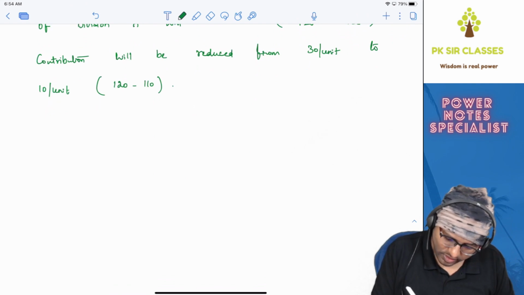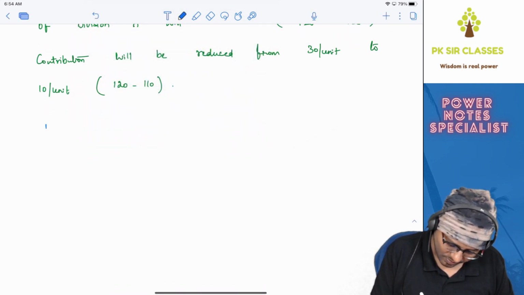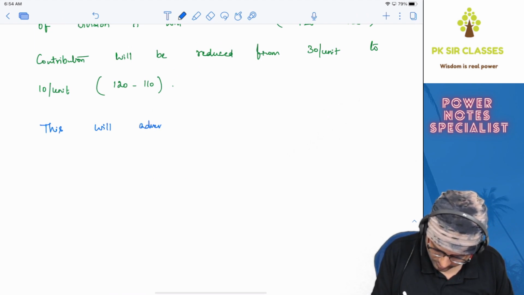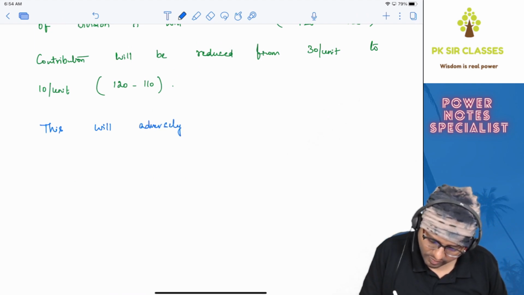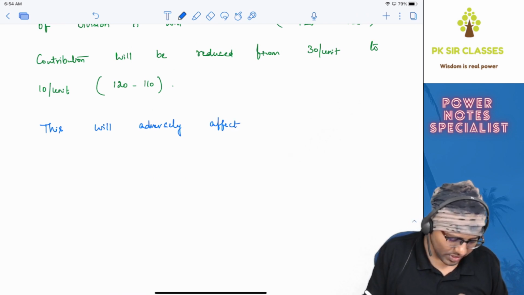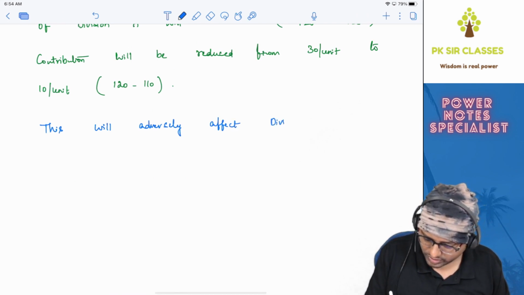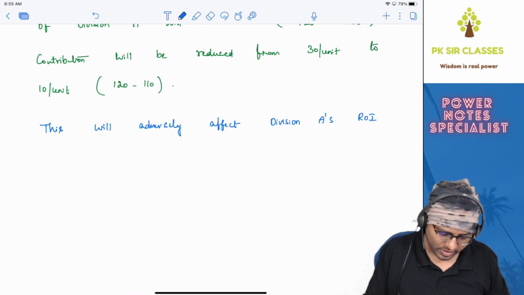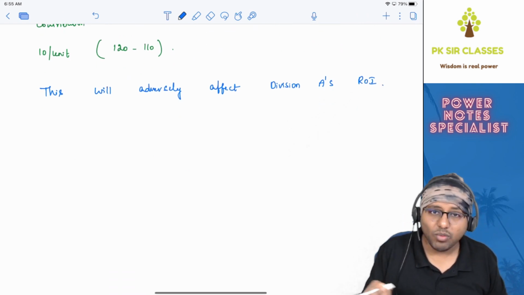So this will adversely affect division A's ROI. That is the performance measurement system right now in place. Let's check how much it is getting affected.